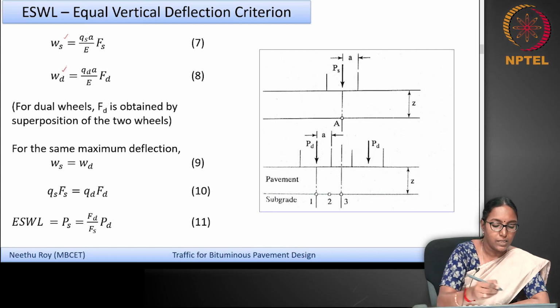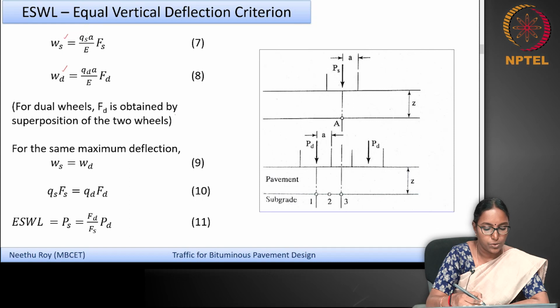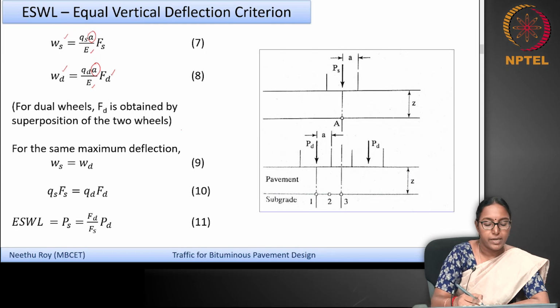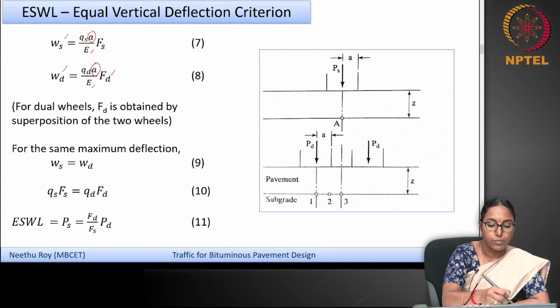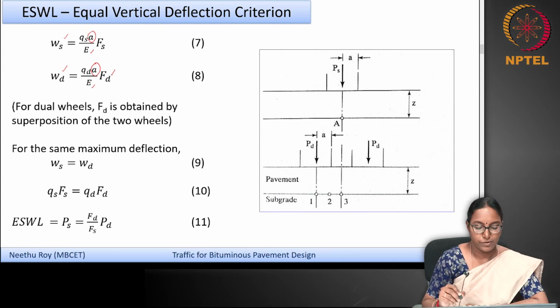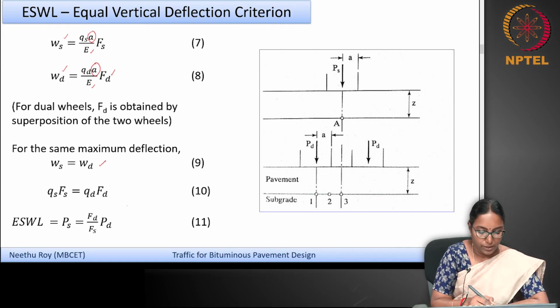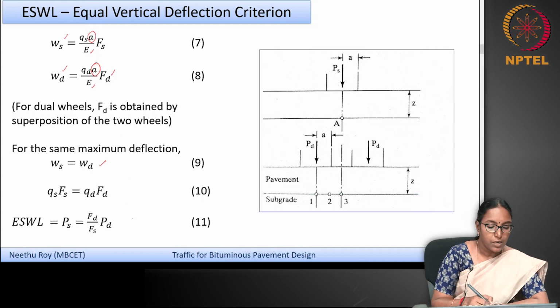In the case of a dual wheel, the deflection is given by Wd equal to qd a by E into Fd, where Fd is the deflection factor for a dual wheel assembly. Here a, the radius of contact of the dual wheel and the single wheel, is kept the same, as well as the pavement modulus, whereas the pressures imposed by the single wheel and the dual wheel are different, denoted as qs and qd. Now equating the maximum deflections, Ws equal to Wd, you can note that qs Fs is equal to qd Fd.